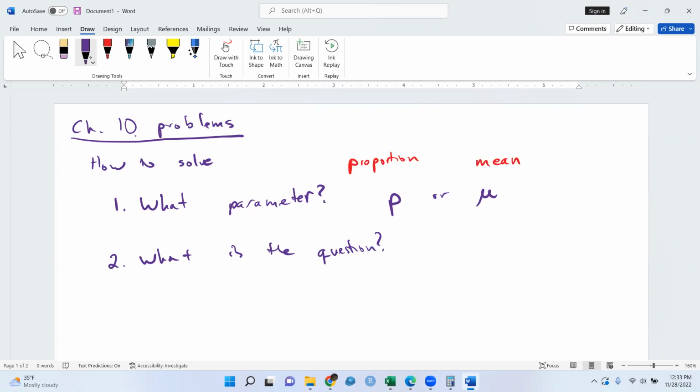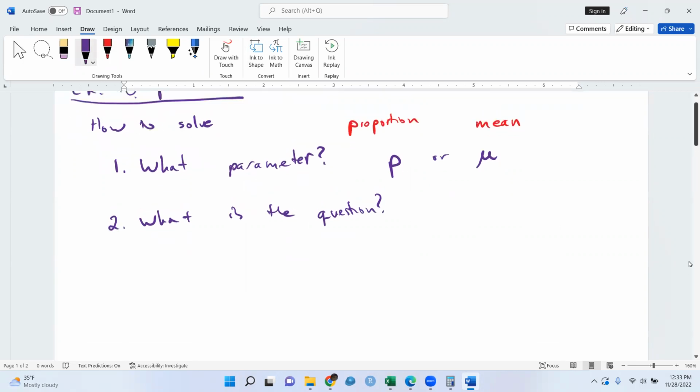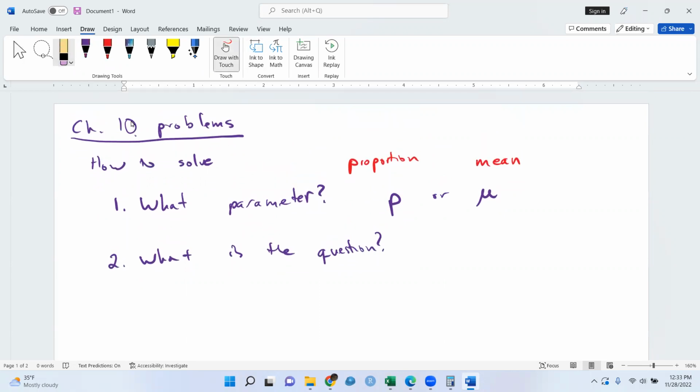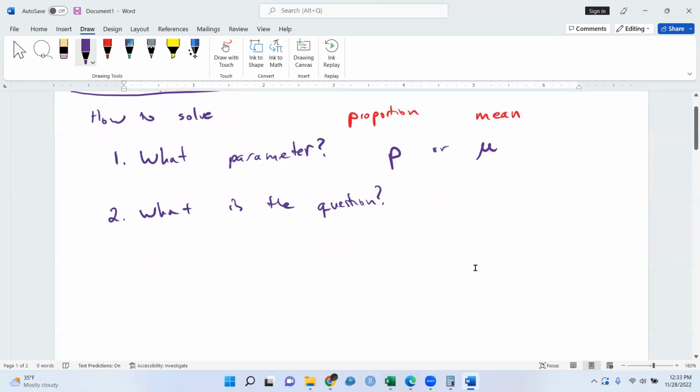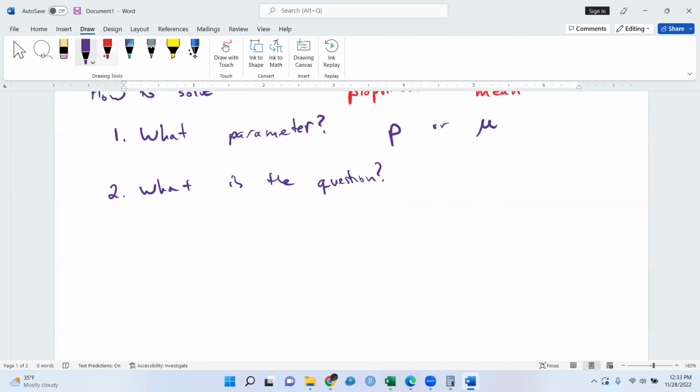And here we've got a bunch of different things that you've been asked to do. Really, I shouldn't say chapter 10, I should say the final exam. This is really chapters 8 through 11. And we're going to add one more thing after the parameter before we do what is the question, but we have to do chapter 11 first.